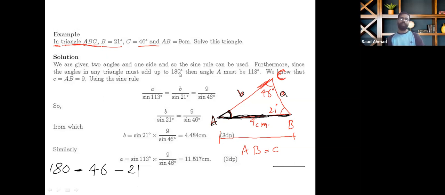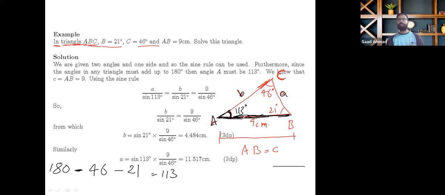That is equal to 113. So the angle A is 113.